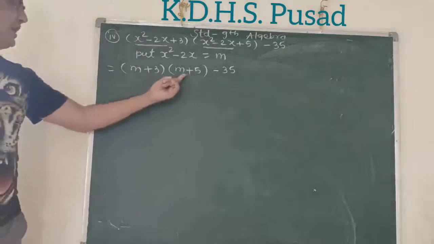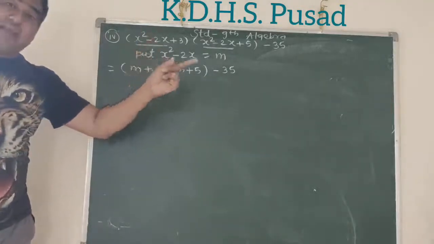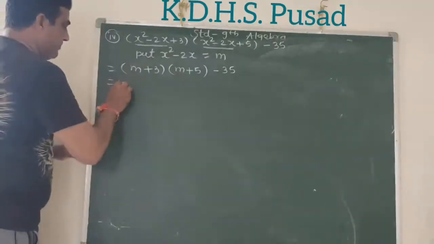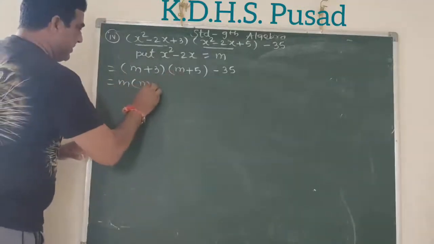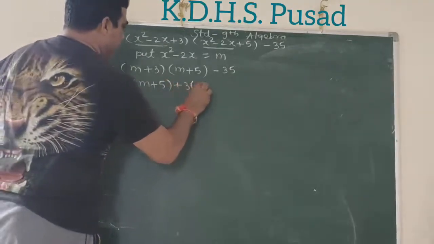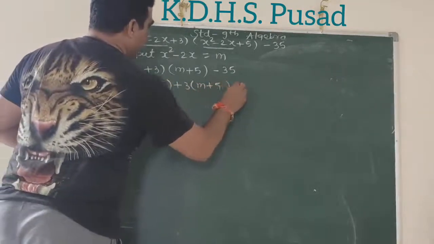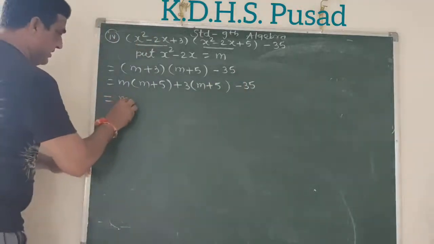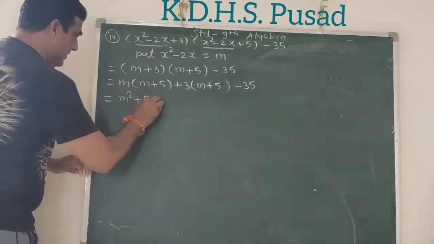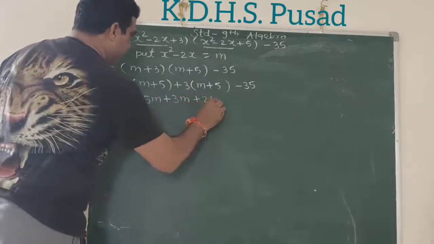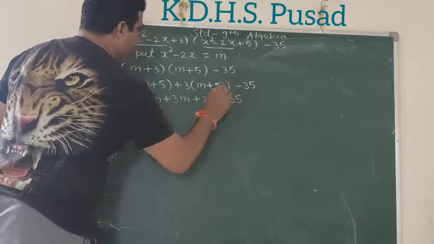Now you have studied the product of these two brackets in standard 8. So m into this bracket, m plus 5, then second number plus 3, again same bracket, m plus 5, and then minus 35. So if you simplify this, m square plus 5m plus 3m plus 25 minus 35.